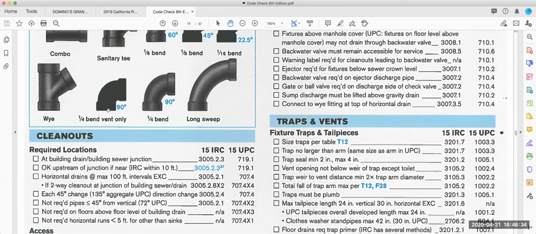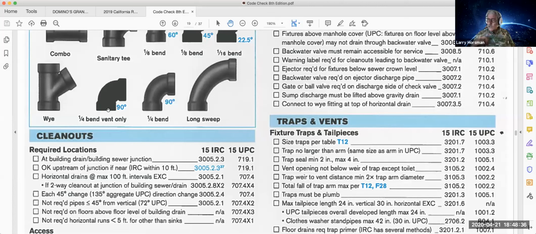Makes sense. Also, in terms of what's vertical and what's horizontal, if it's not more than 45 degrees from vertical, it's a vertical pipe. If it's not more than 45 degrees from horizontal, then it's a horizontal pipe.